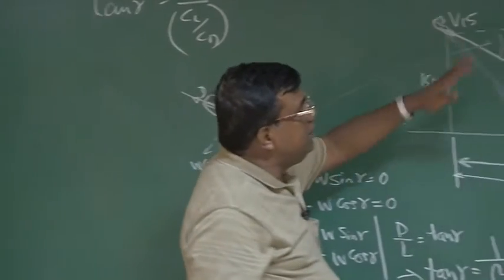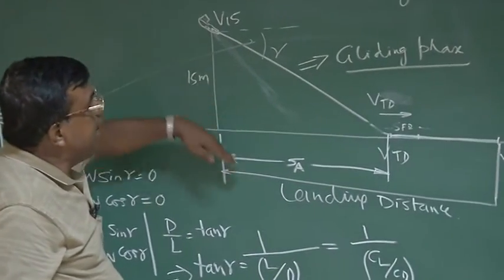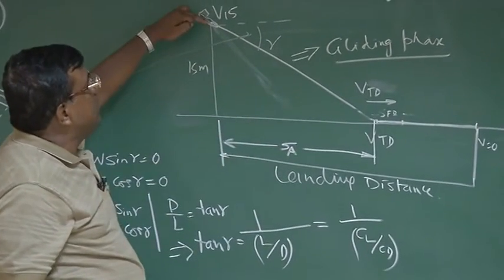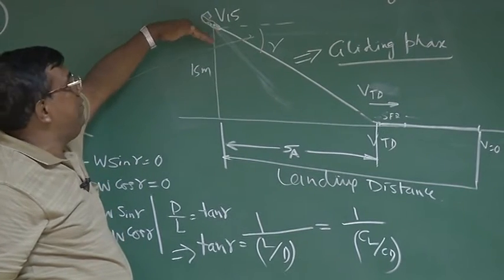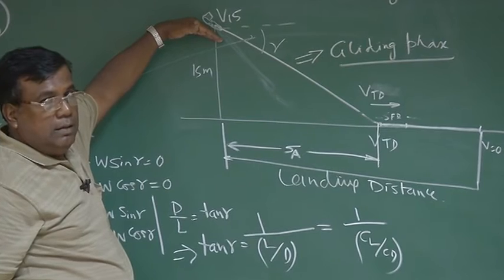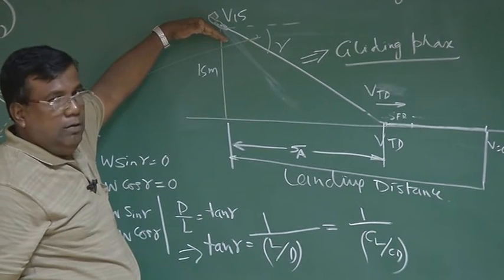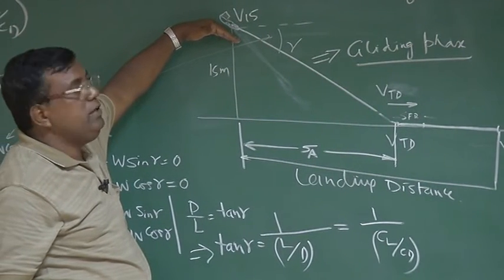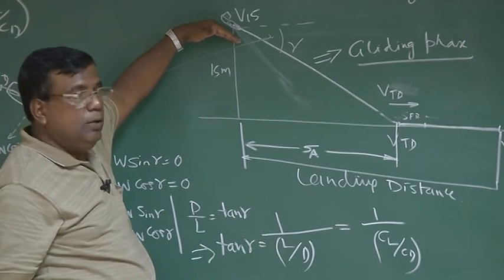Now as far as the regulation is concerned, the landing distance is defined like this. Once this airplane is at 15 meters above the horizontal, in classical notation you will find the regulation uses 50 feet. Okay?